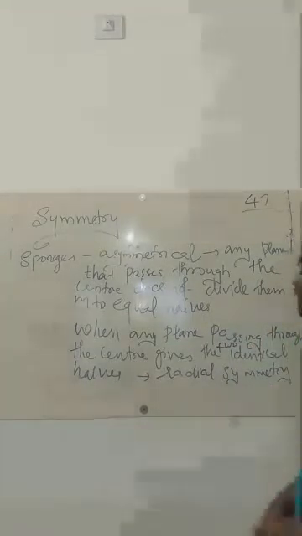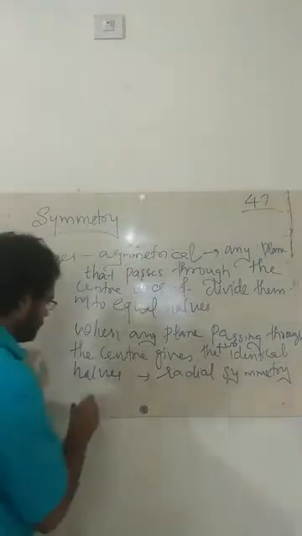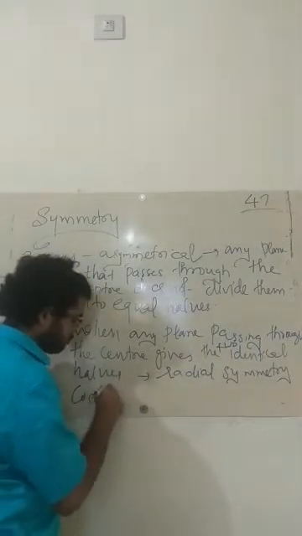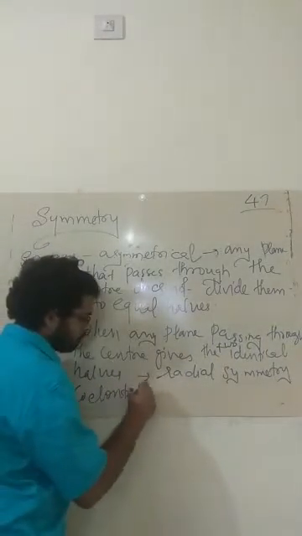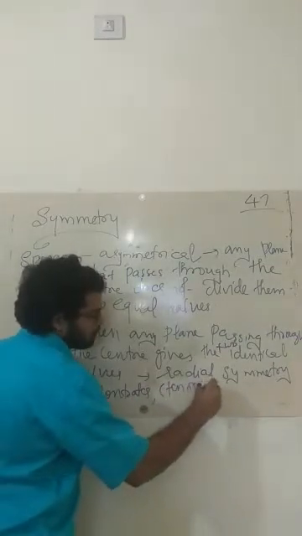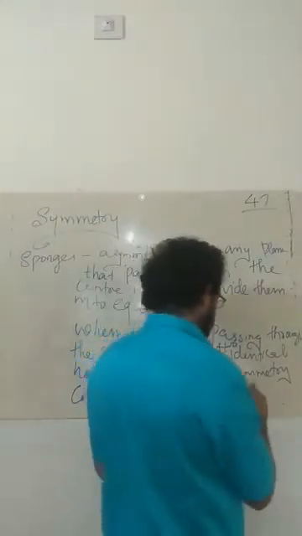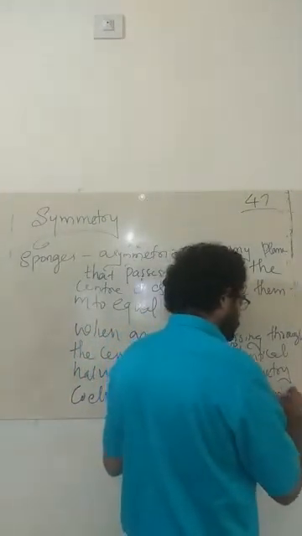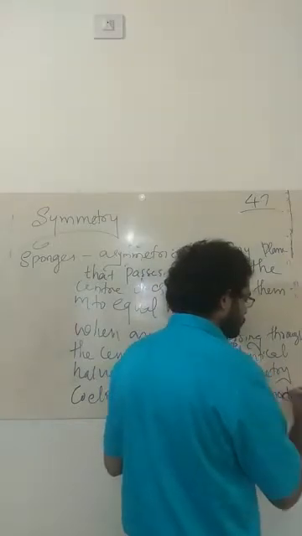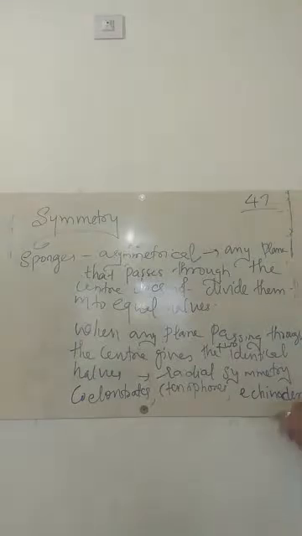Coelenterates, ctenophores and echinoderms show this kind of radial body plan.